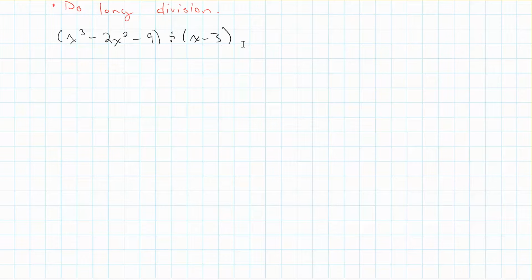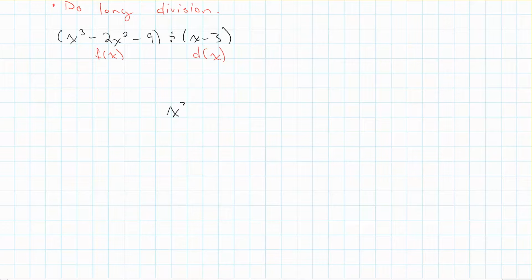Well, first off, this here is my f of x, and this is my d of x. So let's write my f of x down, including zeros for any missing terms. And we can see this in a second as we do this.